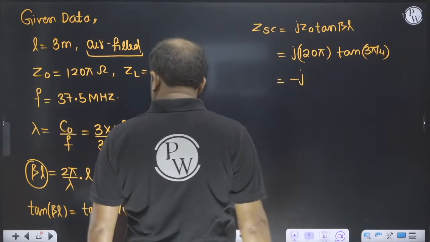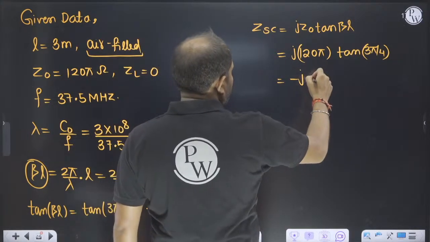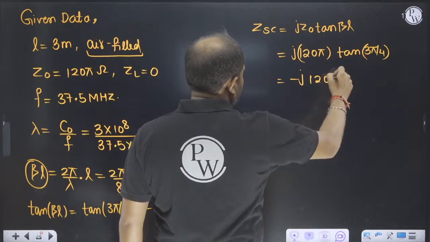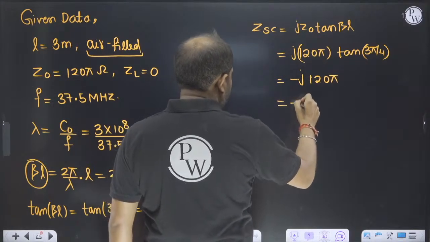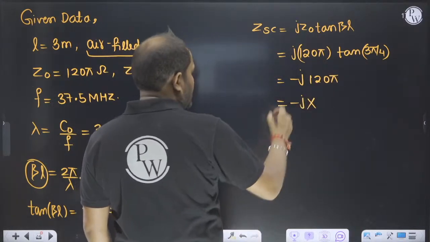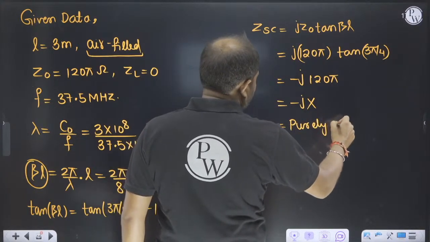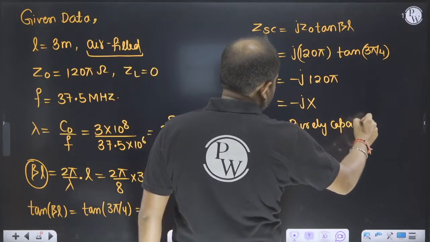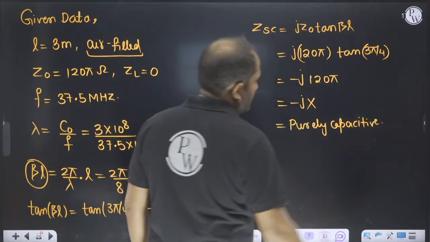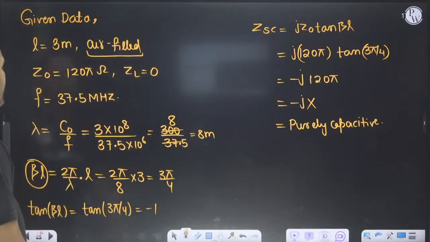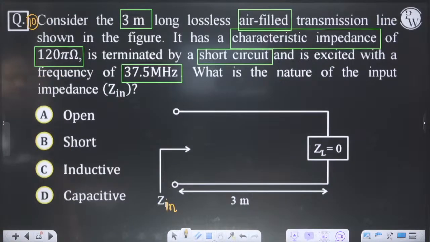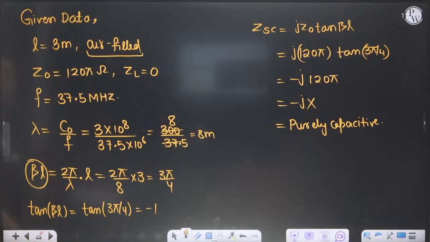So it will be minus 120 pi, that is minus jX, which is capacitive. So it is purely capacitive. Minus X is coming. Answer is D.